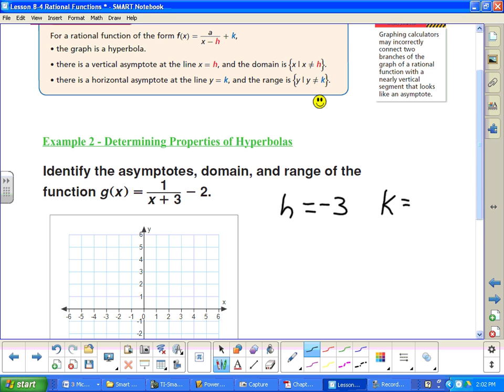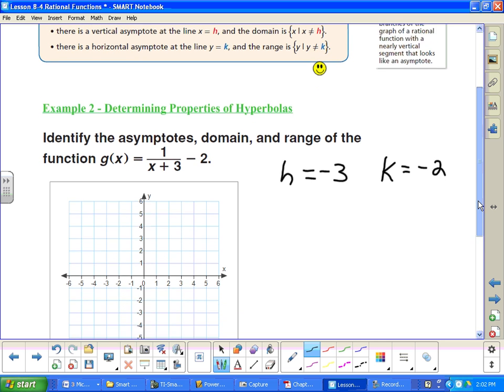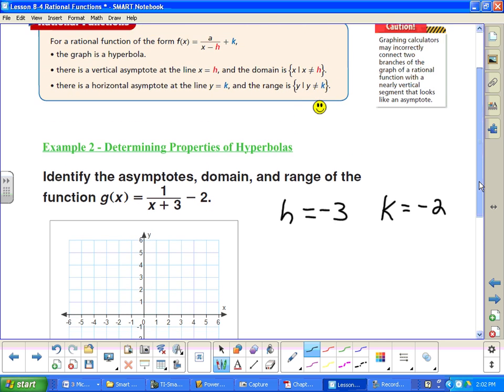All right. And the value of k is what, Zach? -2. How is h -3? Because if you notice, it's x minus h, and this is a plus sign, so it means it would be the opposite.